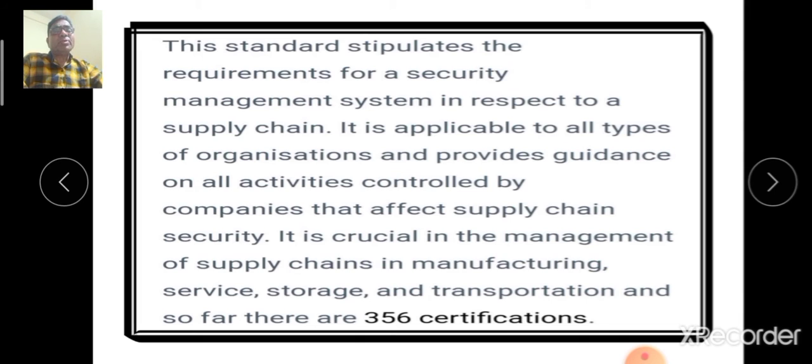It is applicable to all types of organizations and provides guidelines on all activities controlled by companies that affect supply chain security. It is crucial in the management of supply chains in manufacturing, services, storage, and transportation. And so far, there are 356 certifications.